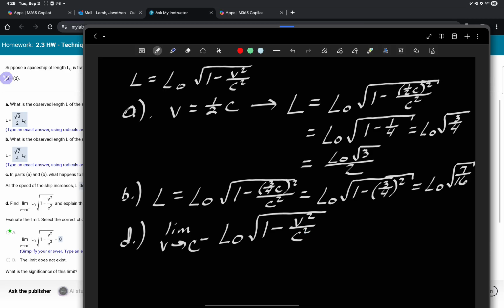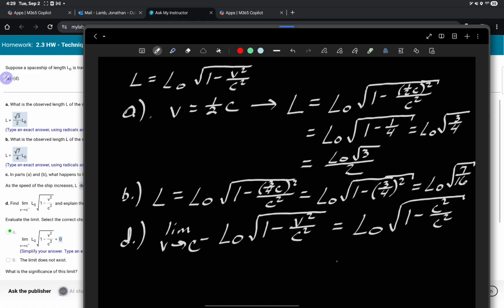Well, if V is approaching C, then you can go ahead and plug C into it, and this is going to end up being the original length on the square root of 1 minus C squared over C squared.